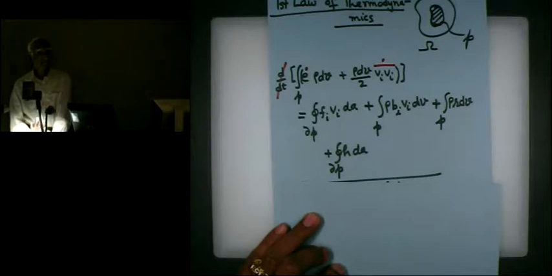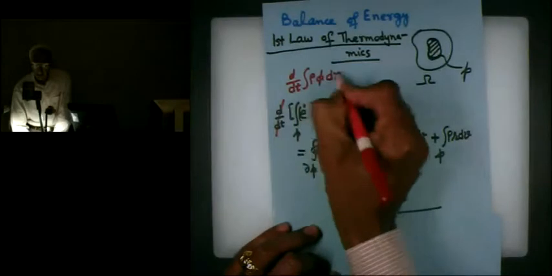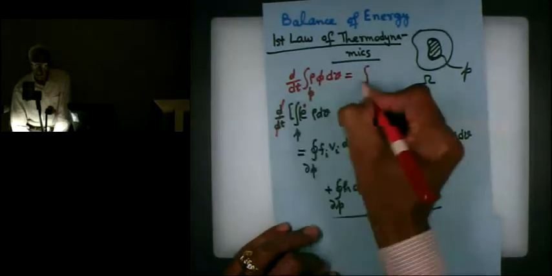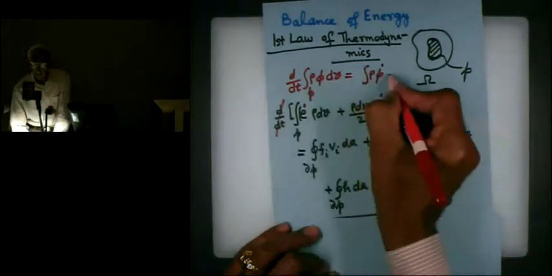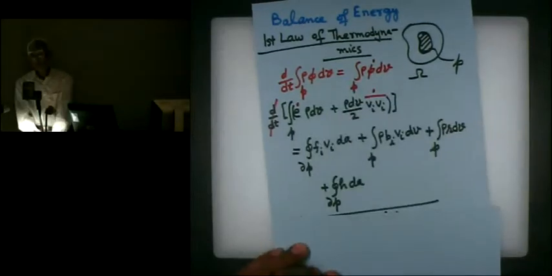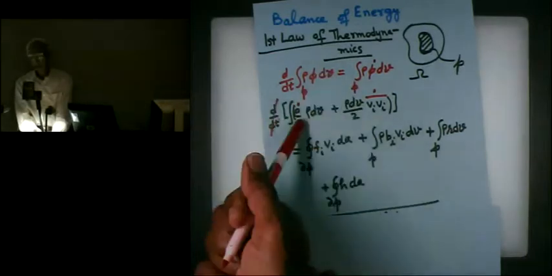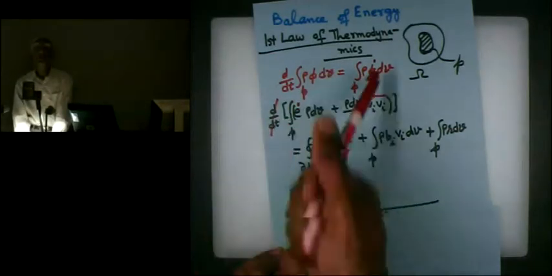We proved that a week ago, or maybe a little more than a week ago, that d over dt of the integral of rho phi dv over part P is equal to the integral of rho phi dot dv over part P. So we are using that result now, with phi equals E here, and phi equals vi here.